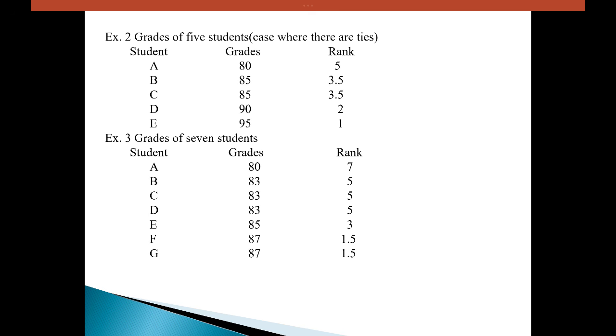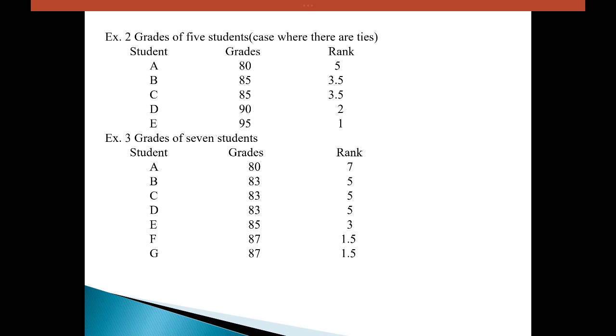And of course, student B, student C, and student D have the same grades, so they will all share the same ranks. They actually share rank 4, rank 5, and rank 6. The average is rank 5, so they will all share rank 5.